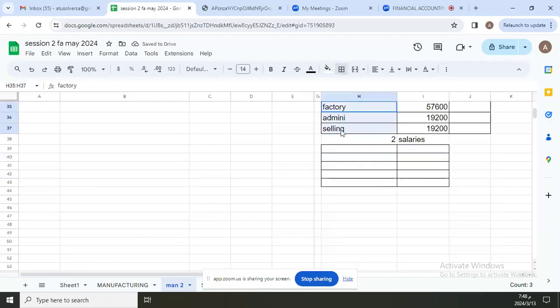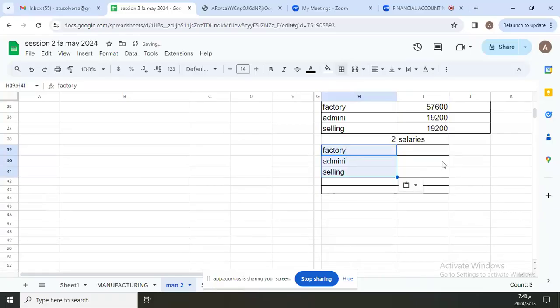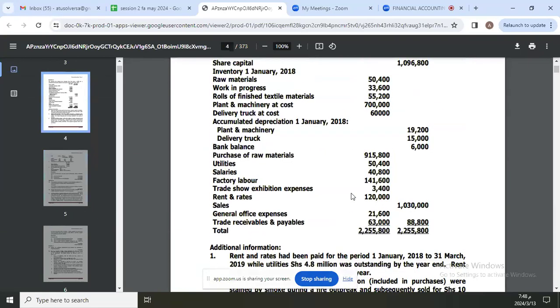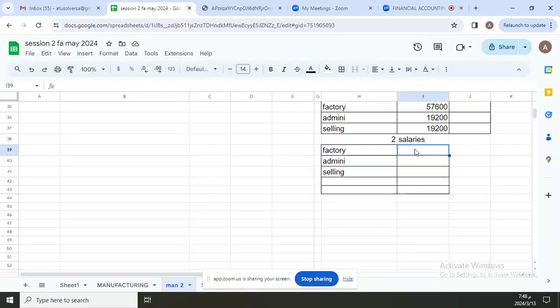So you just come, bring factory, everything. We put them here and our salaries. Let's see what the question says. 10, 70, and 20. So salaries is 4,800. Under factory, we say 0.1 times 4,800. I get 480.